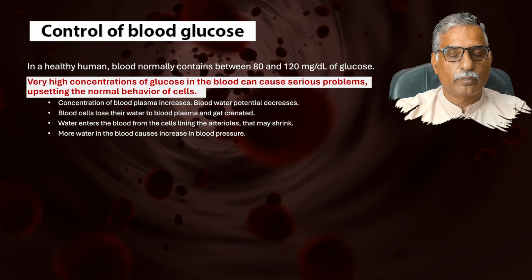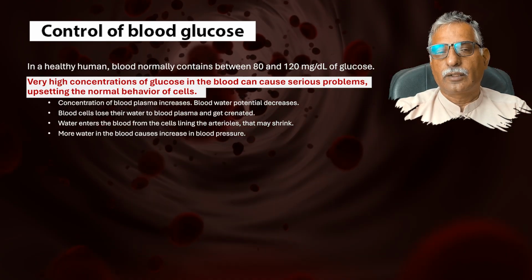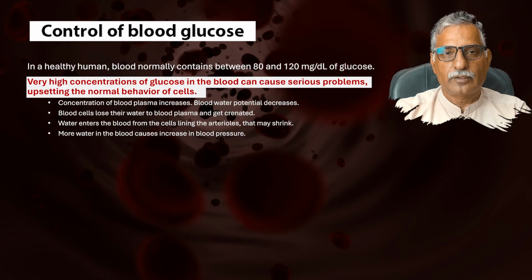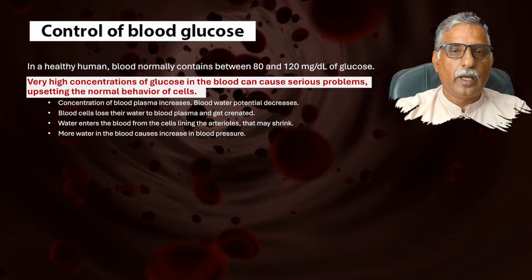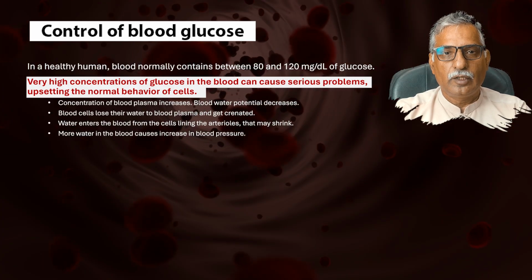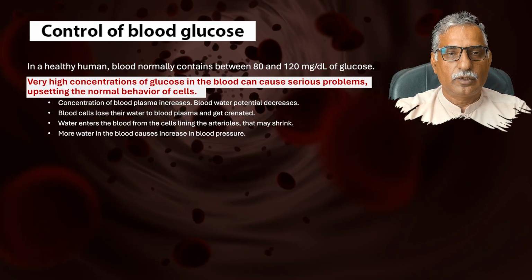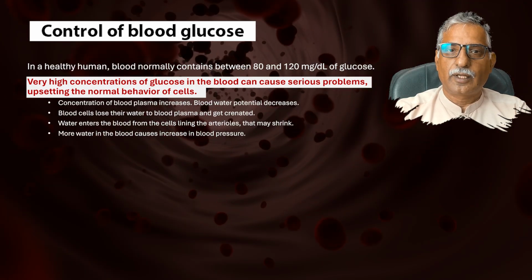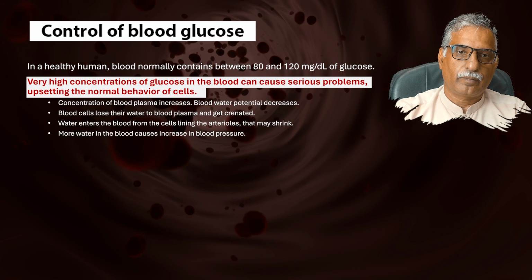What are those problems? The primary thing is that when blood glucose concentration increases, it also increases the concentration of blood, and blood osmotic potential will decrease, resulting in blood fetching water from the tissue fluid, from the blood cells, and from the cells that are lining the wall of arterioles.